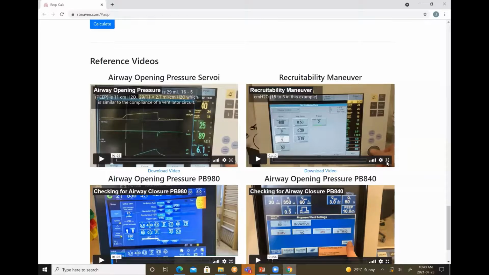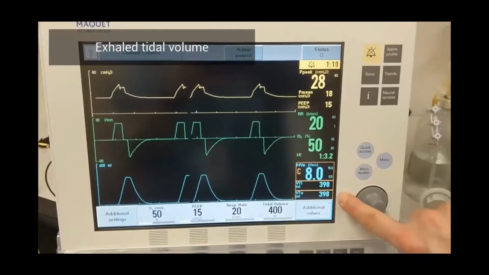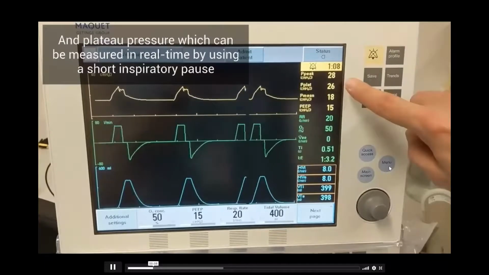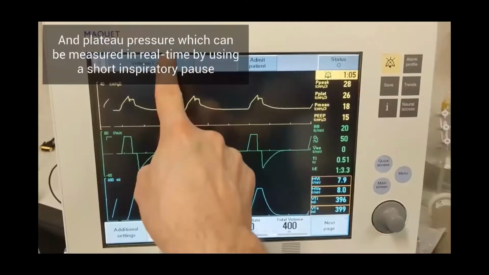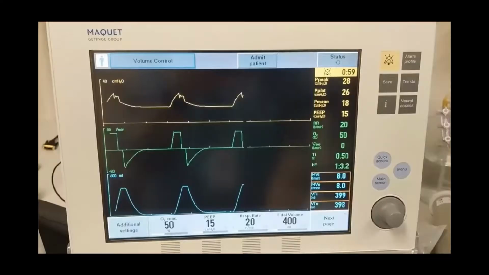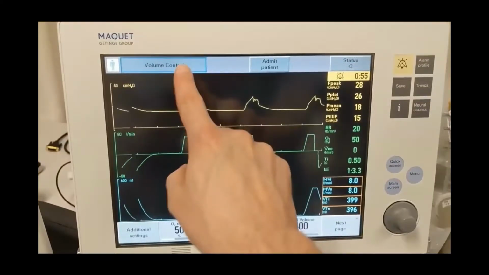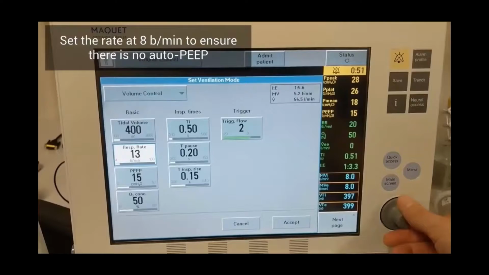For this calculator, you need to use the set tidal volume, and you need to observe exhaled volume during the maneuver, as well as plateau pressure, which can be measured in real time by using a short inspiratory pause, like 0.2 seconds. Reduce the respiratory rate to 8 breaths per minute to ensure there is no auto PEEP.